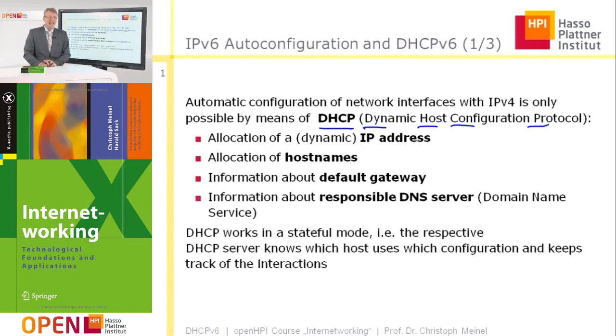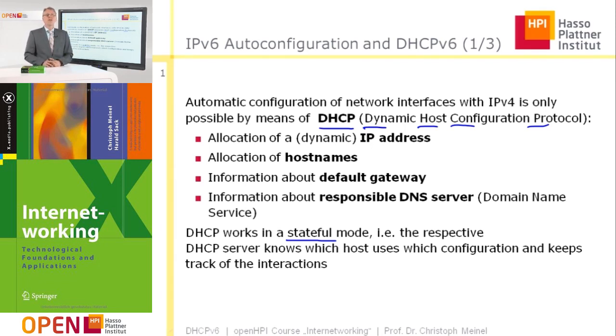The DHCP protocol works in a stateful mode. That means the respective DHCP server knows which host uses which configuration and keeps track of all these interactions. This is a very systematic way, but it needs a lot of resources, it needs time.